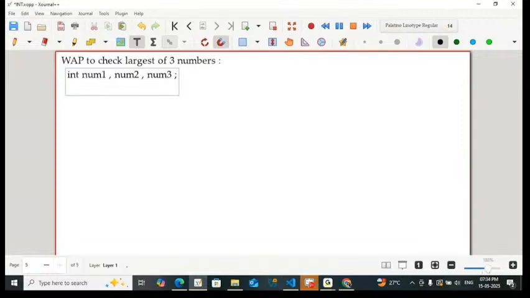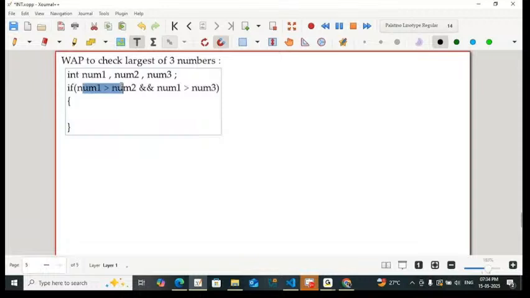Also num1 should be greater than num3. Only then I can say num1 is largest. So inside the if condition I have to say num1 is greater than num2. Okay. And your num1 is greater than num3 also. Only then your first one will be the largest.